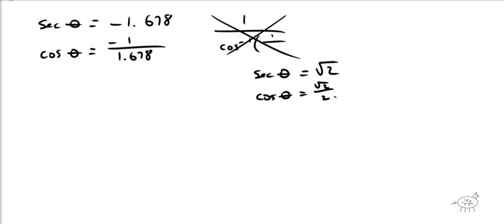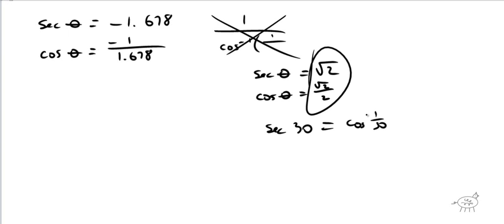Okay? So you can take the reciprocal of a ratio, but you can't take the reciprocal of an angle. So again, if I said secant of 30 degrees, it is not cosine of 1 over 30. There's a big difference. That's the reciprocal of an angle. This is the reciprocal of a ratio, and I'm allowed to do that.